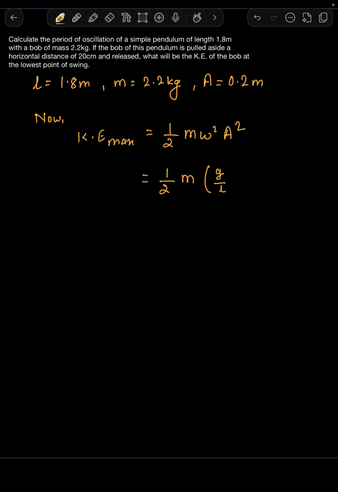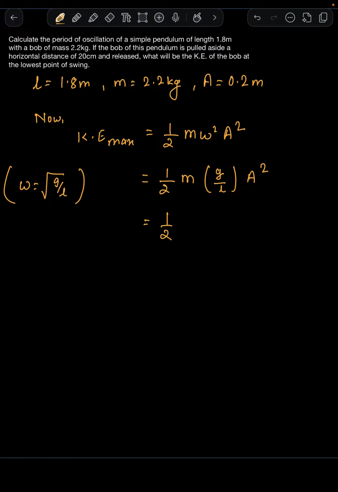So at lowest point kinetic energy is maximum, and this is given by 1 by 2 m omega square a square. We have mass, we have amplitude, and now omega. So let us put expression for omega over here, g by l, because in formula omega is equal to root under g by l.